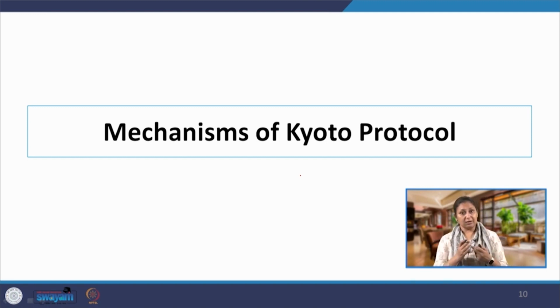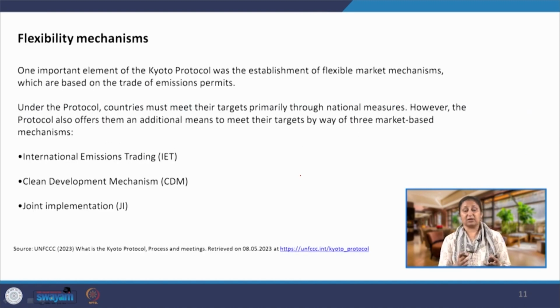So, there are certain purchasing mechanisms in Kyoto Protocol, and they were very flexible. The success of Kyoto Protocol was through the flexibility mechanisms that it devised. So, we are largely looking at these three market based mechanisms. One is international emissions trading, the other one is clean development mechanism, and joint implementation.